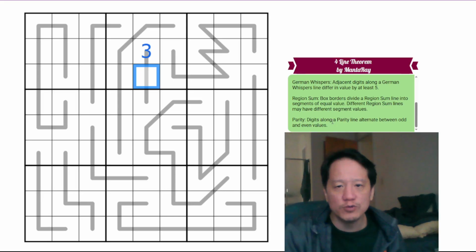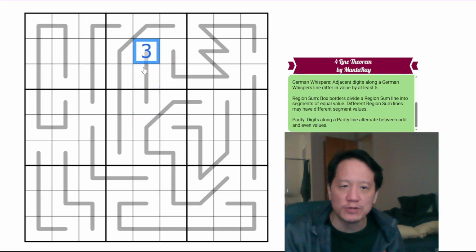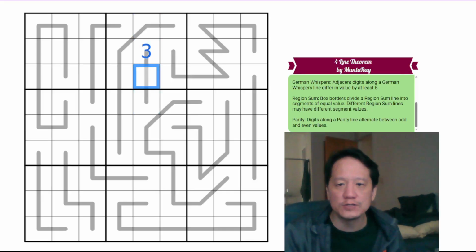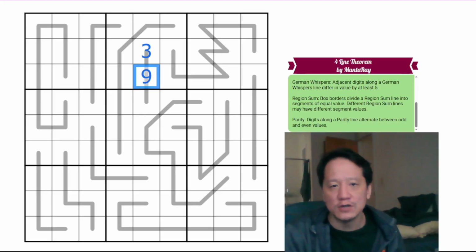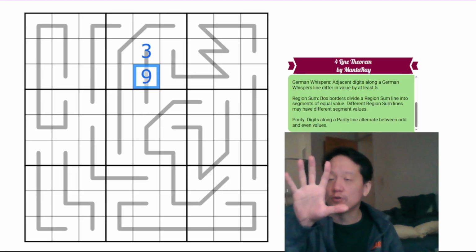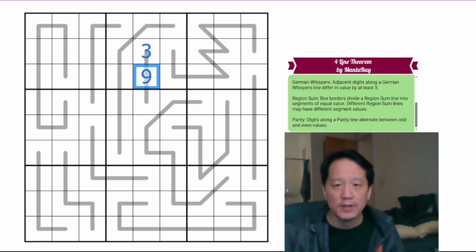We also have German whisper, where adjacent digits along a German whisper line differ in value by at least 5. So say this was a German whisper line. If this was a 3, this would have to be 8 or 9, because those are the only digits which are 5 or more away from 3. I'm going to be calling these Whisper 5 lines because I think it makes sense.